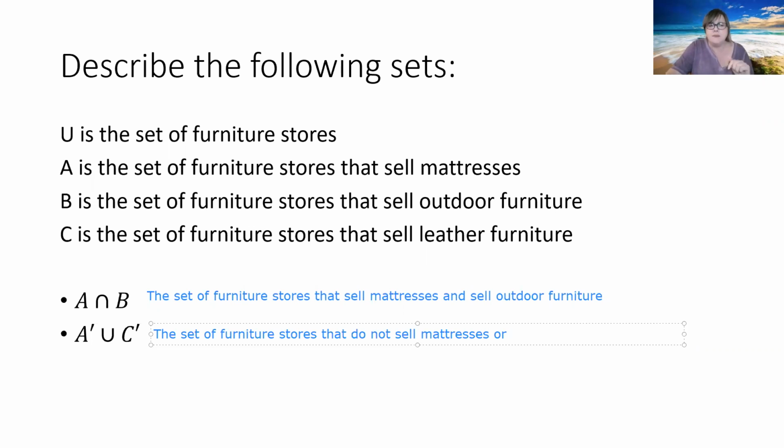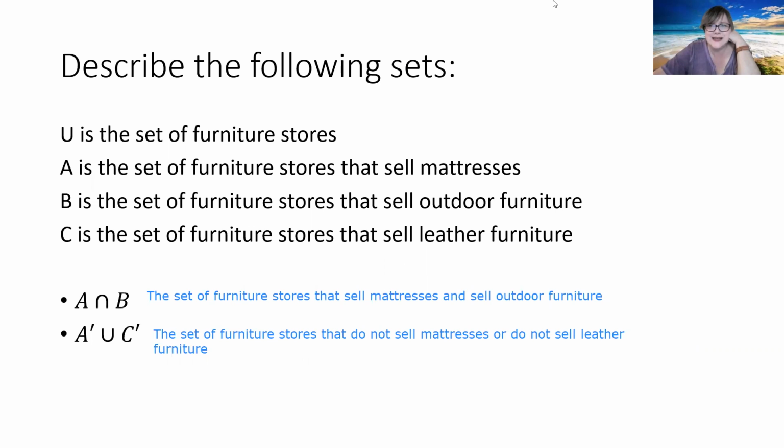And then we have the complement of C, so they don't sell leather furniture. Okay, what does that mean? That means when I walk into any furniture store that's in this set, A complement union C complement, either I'm not going to be able to buy a mattress, or I'm not going to be able to buy a piece of leather furniture, or I can't buy either. That's what belongs in that set.